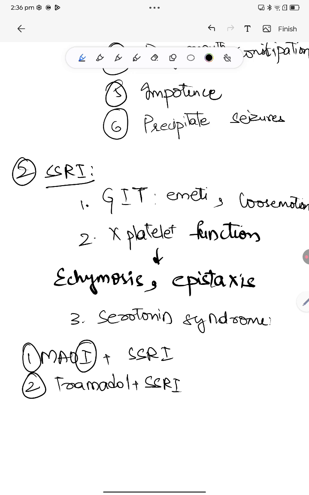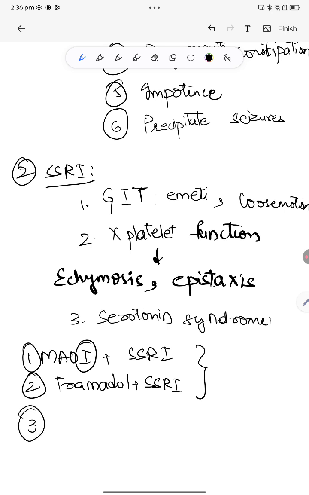What usually happens is serotonin presence is increased under the influence of these two drugs, resulting in prolonged duration of serotonin in the synapse, which results in a lot of effects like restlessness, rigidity, hyperthermia, and rarely they may also cause convulsions. These are with respect to SSRIs.